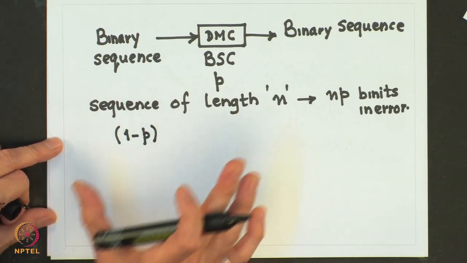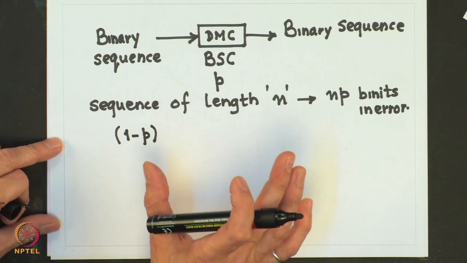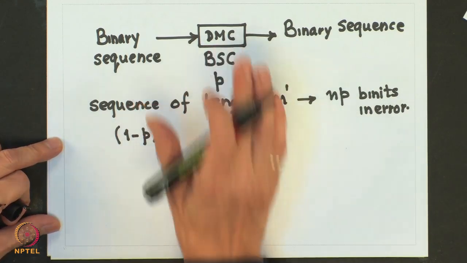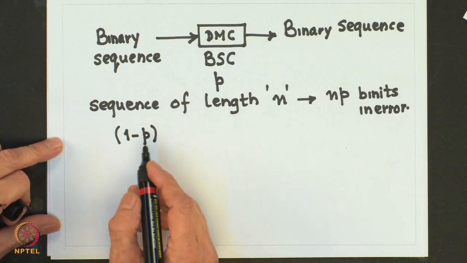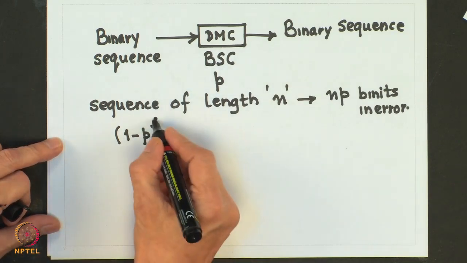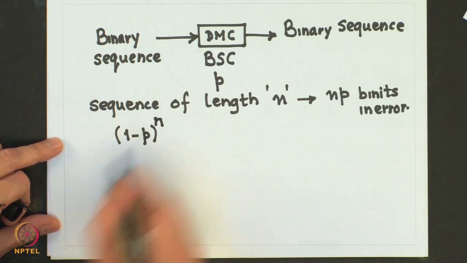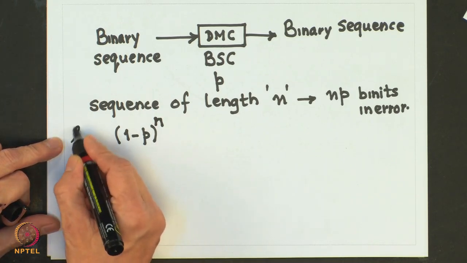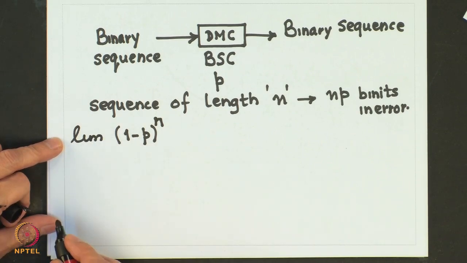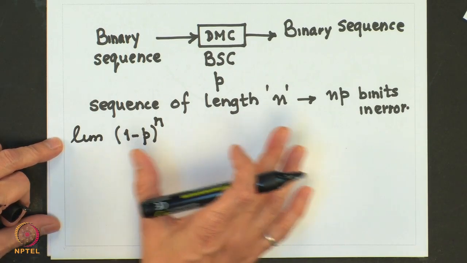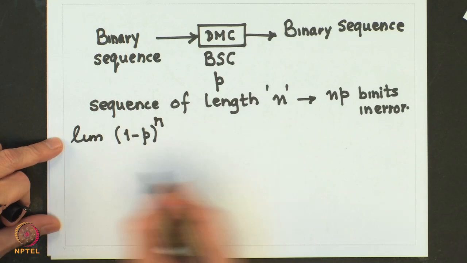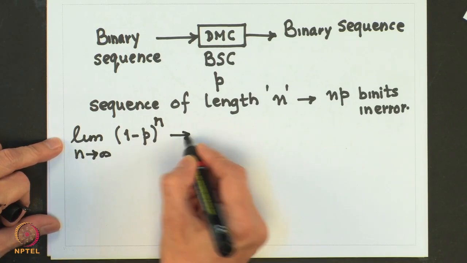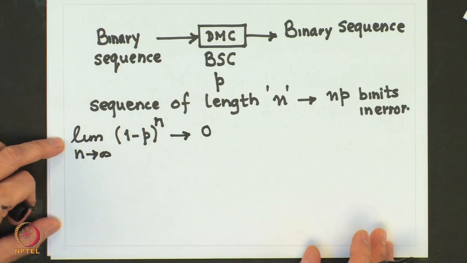So, if you want the complete sequence of length n to arrive at the output of a discrete memoryless channel correctly, the probability of such a thing to happen would be given by (1 minus p) raised to n, correct. So, it means that the probability of correct reception of the sequence of length n, for n large, is going to tend towards 0.